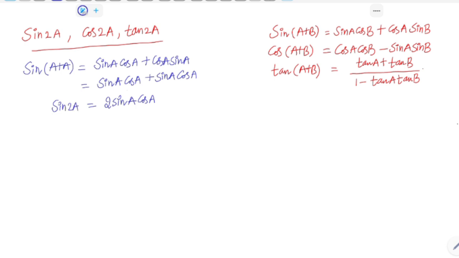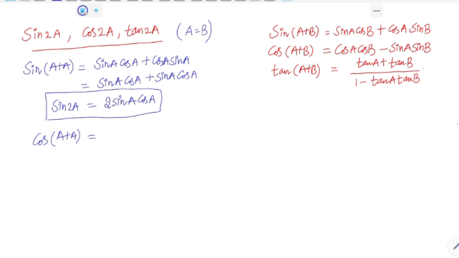Okay. So in all these three situations, for finding sin 2A, for finding cos 2A and for finding tan 2A, we just use A is equal to B condition. Now let us try to find cos 2a. Cos 2a can be found by substituting again a is equal to b. Therefore, cos of a plus a is equal to cos 2a.